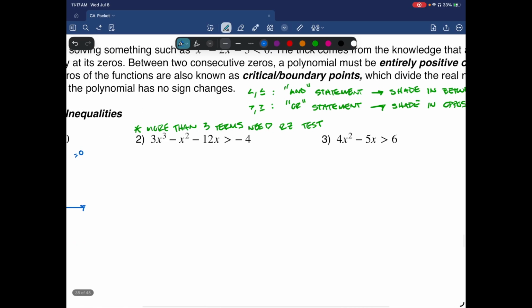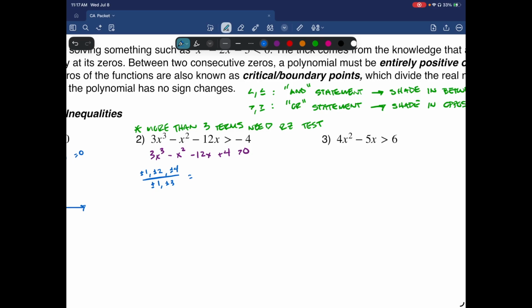Here on number 2, like I said, we need the rational zero test. So we need everything to the same side. So first of all, that's going to be 3x cubed minus x squared minus 12x plus 4 greater than 0. From here, my rational zero test says I have factors of 4, so plus or minus 1, plus or minus 2, plus or minus 4, all over factors of 3, so plus or minus 1, plus or minus 3.